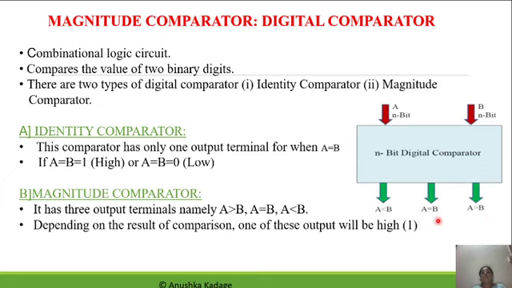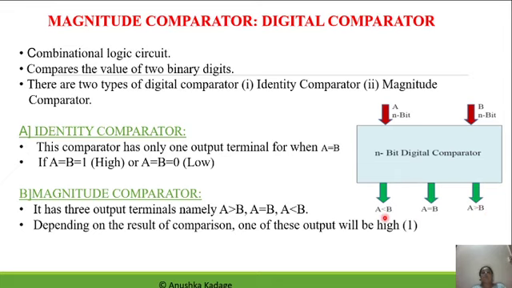So let's say the provided value of A is equal to B. Then the output presenting A equal to B only will be 1, and the outputs for A less than B and A greater than B will be 0.